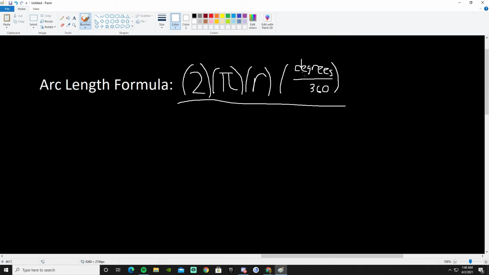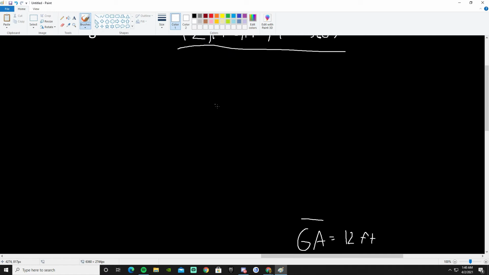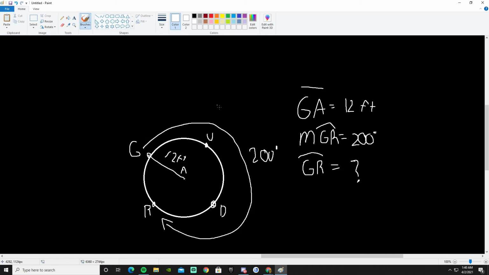According to this formula right here, it would be 2 multiplied by pi, and then multiplied by 12, and then multiplied again by 200 over 360.